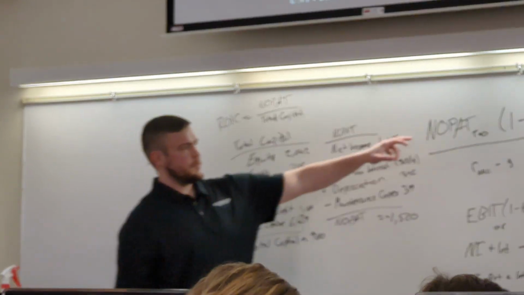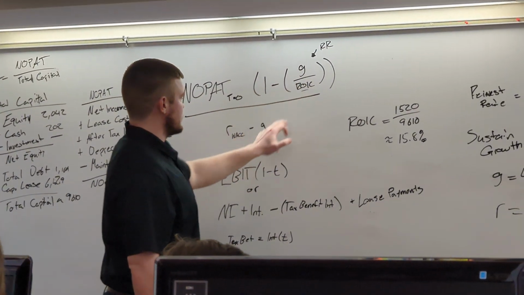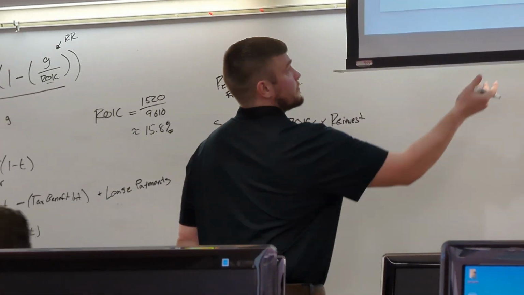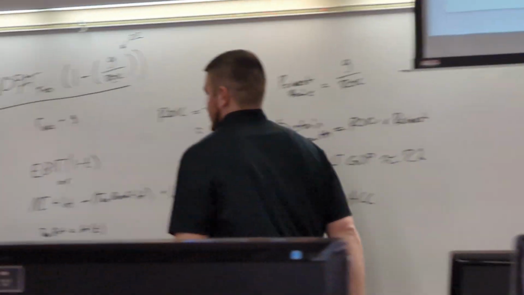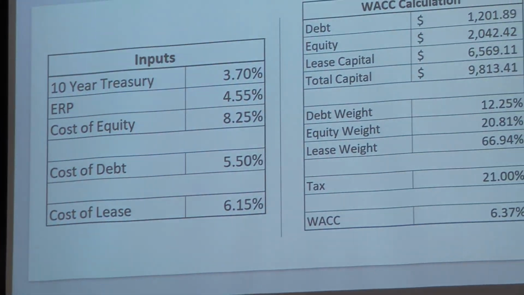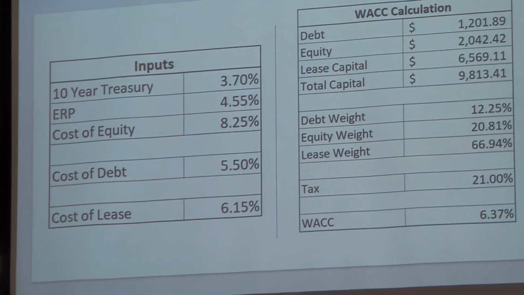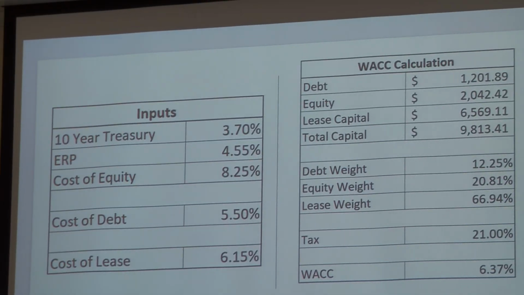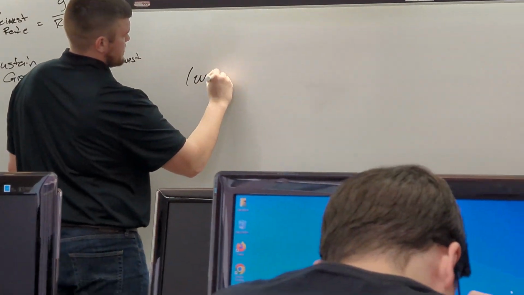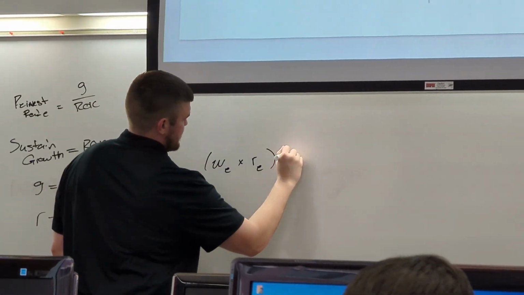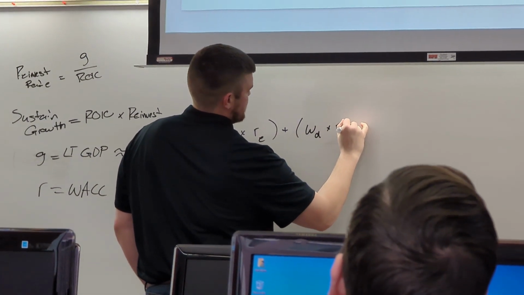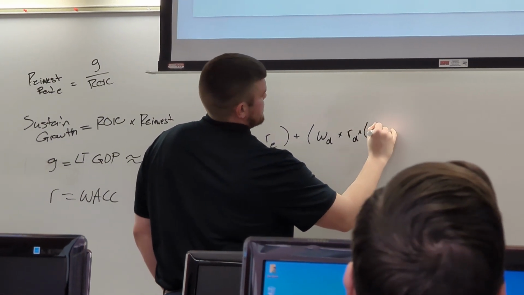All right. So we have no PAT. We have our growth. We have our return on invested capital. Growth is the same. Now we need our weighted required rate of return. So typical weighted average cost of capital is my weight of equity times my required return on equity plus weight of debt times required return on debt times 1 minus the tax rate.